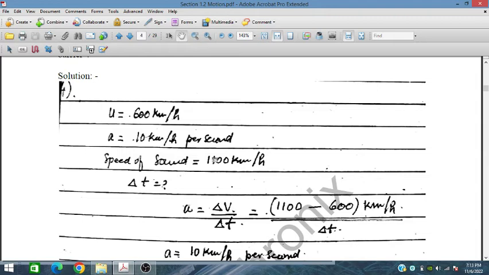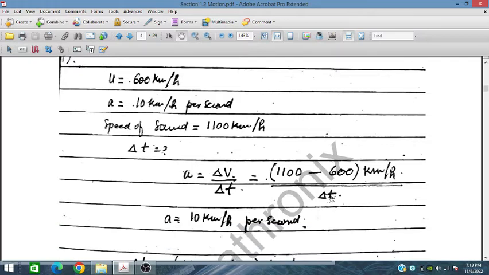Eventually this final speed, the sound barrier speed, is the final speed the aircraft has to achieve, 1100 kilometers per hour, and this is 600, the initial speed of the aircraft. The time taken has to be found.